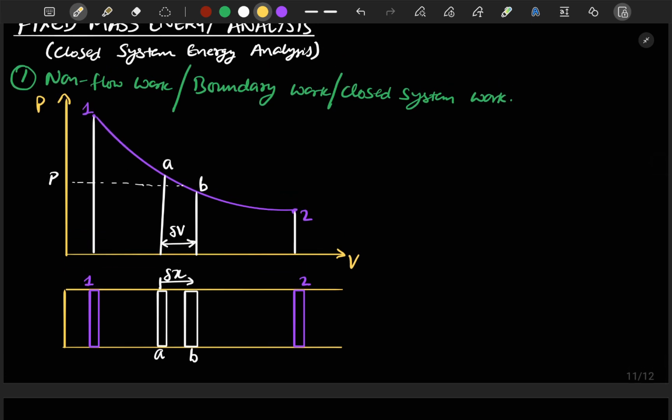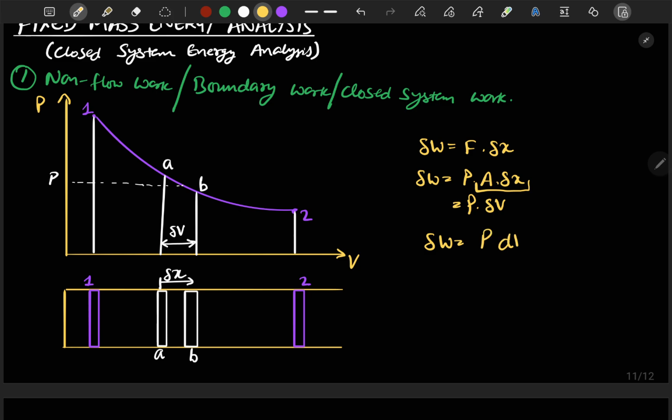So mathematically we define work, that is delta W for a small displacement, as force into displacement. Now we can write force in terms of pressure. Pressure into area of piston, into delta x. Pressure into area into delta x can be termed as a small change in volume, that is delta V. So we can write delta W is equal to P times dV, that is small volume change.